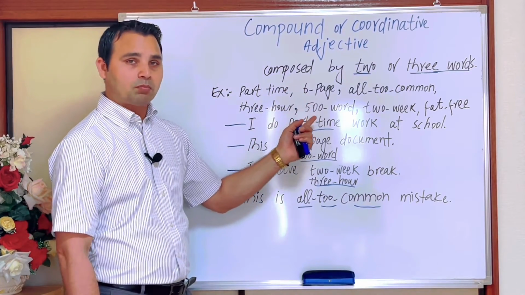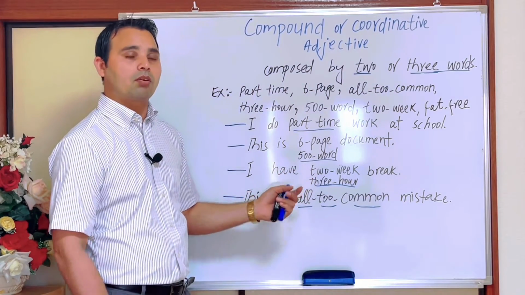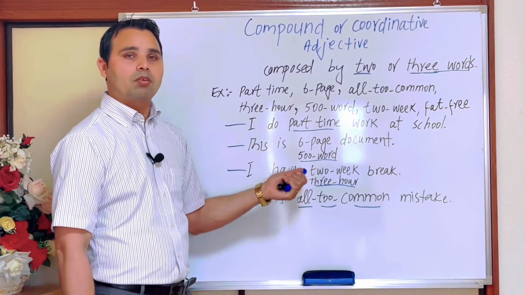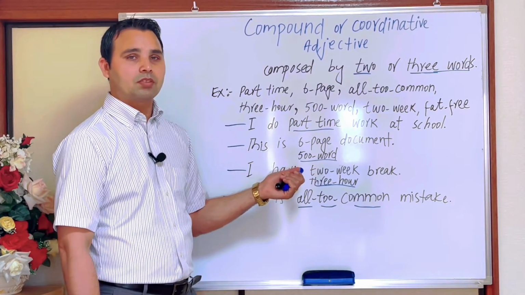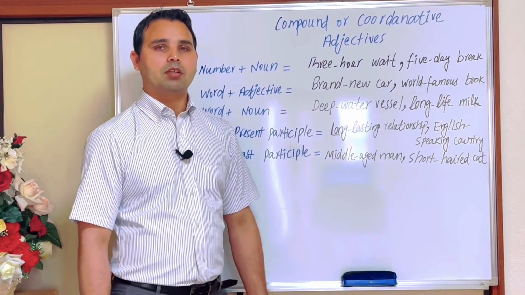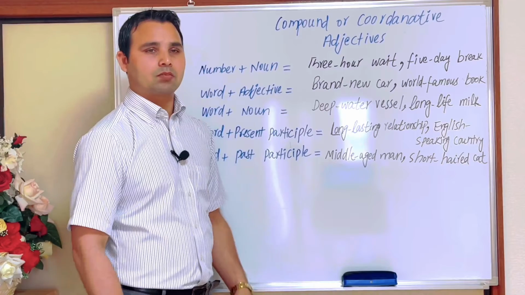Here are the examples and here are the sentences. Now you can understand how you can use them as singular. Always use them as singular. I hope that you have understood it very well. So let's see how you can make compound or coordinative adjectives.